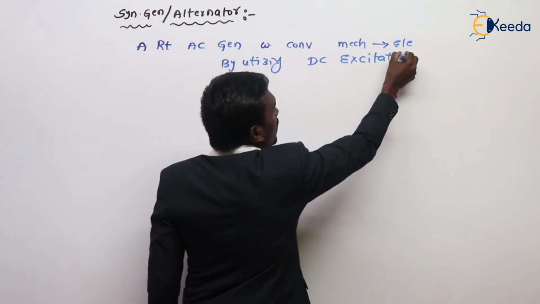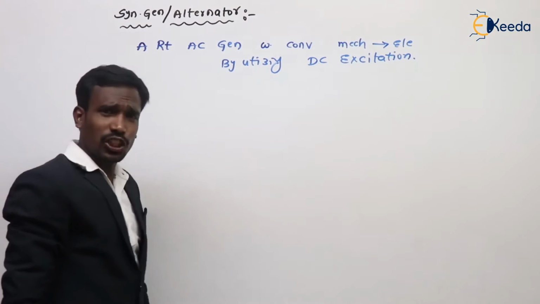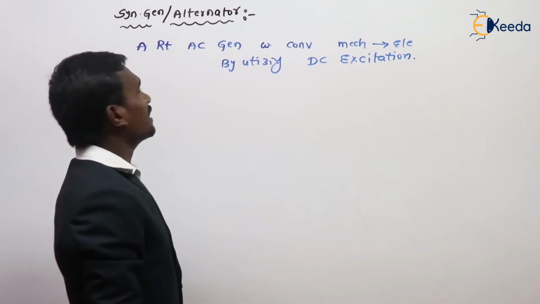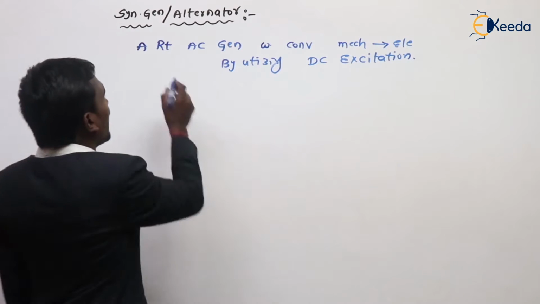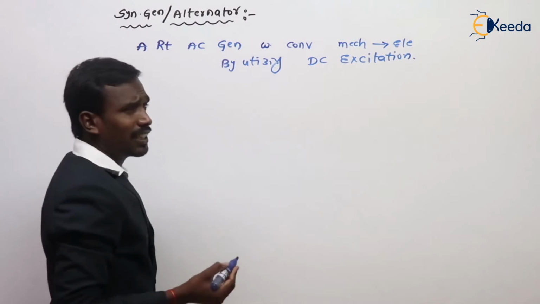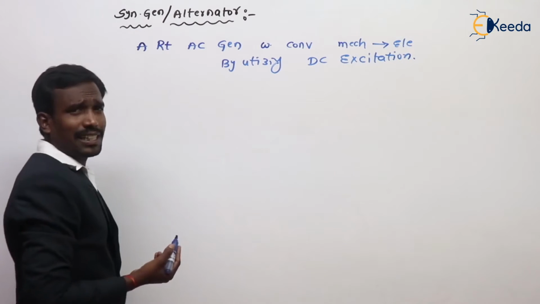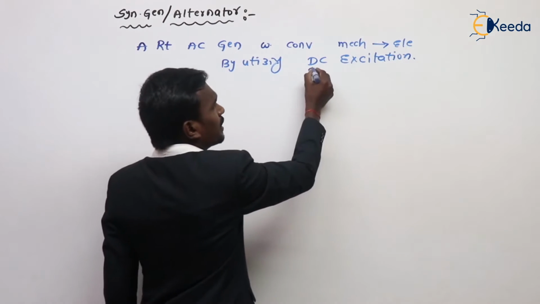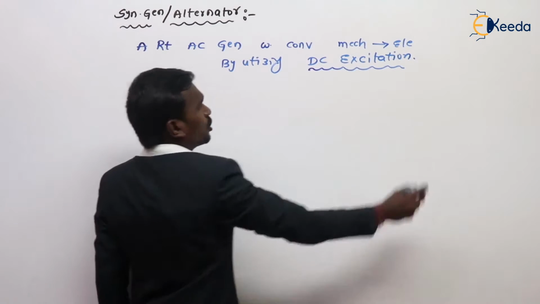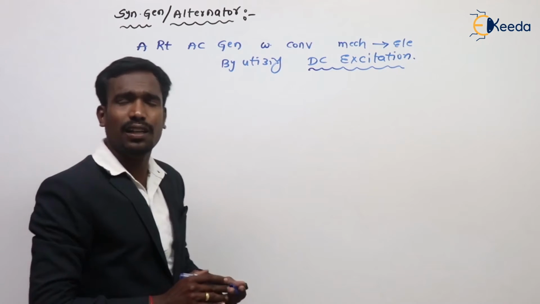What is that? DC excitation. So, alternator is nothing but a rotating AC generator which converts mechanical energy into electrical energy by utilizing the DC excitation. This is the definition for alternator.